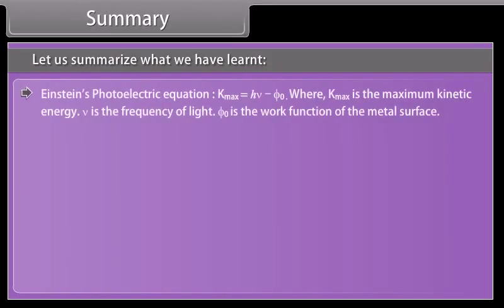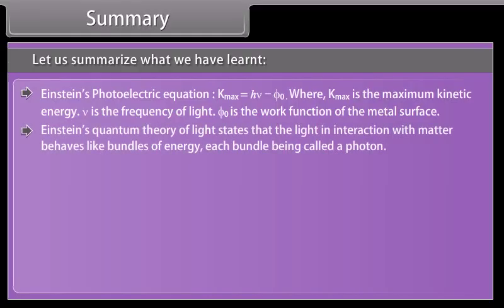Einstein's photoelectric equation: Kmax is equal to h nu minus phi 0, where Kmax is the maximum kinetic energy, nu is the frequency of light, phi 0 is the work function of the metal surface.